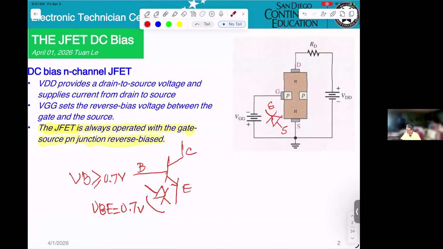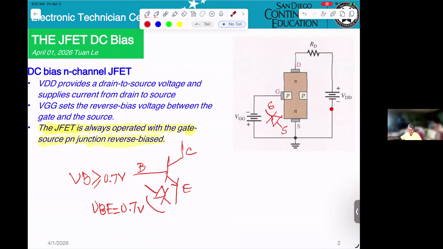Okay, in here you can see the DC bias. VDD provides the drain to source voltage and supplies the current from the drain to the source.